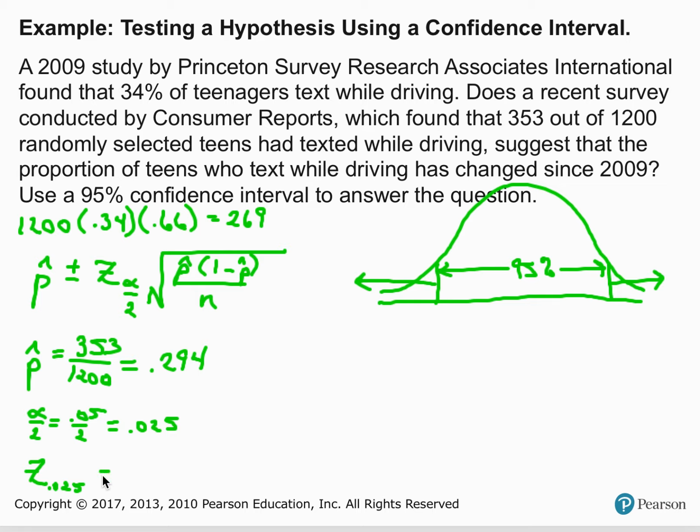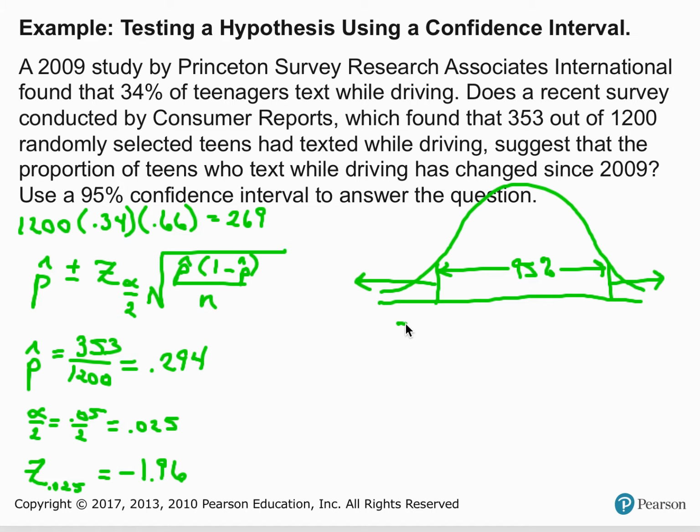Okay, so when I'm looking in my chart, now I'm looking for 0.025 inside the body of the chart. I have one exactly, right? Negative 1.96.